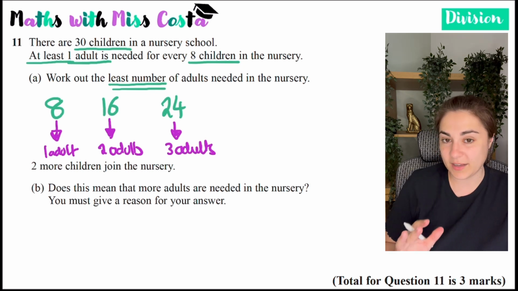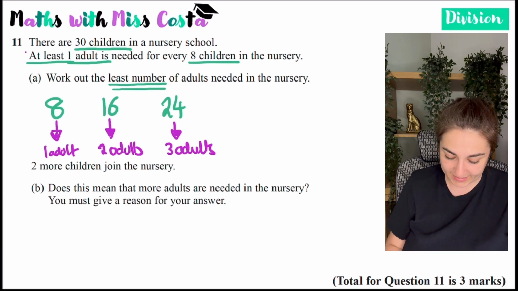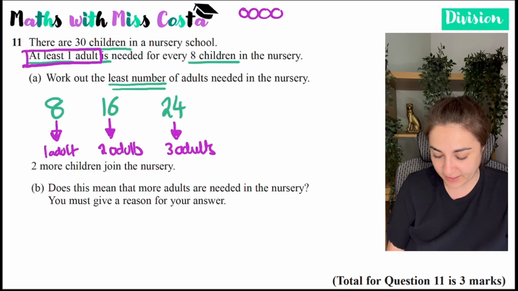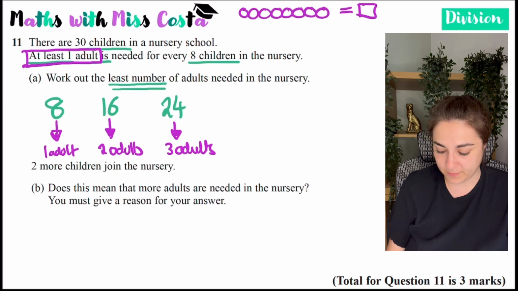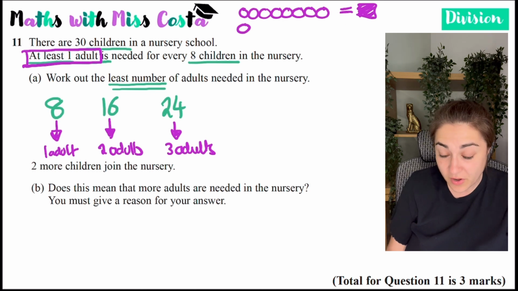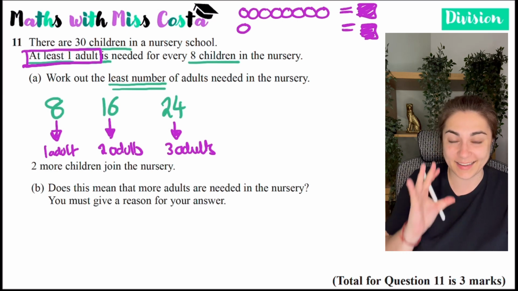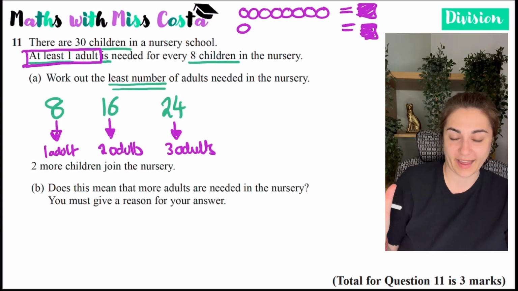Now, anything above 24, I'm going to need at least 4 adults for, because at least 1 adult is needed for every 8 children. So the first 8 children, 1, 2, 3, 4, 5, 6, 7, 8, they are happy to be with 1 adult, which is represented by a square. But if I had 9 children, I would need 2 adults, because anything over 8 requires another adult.